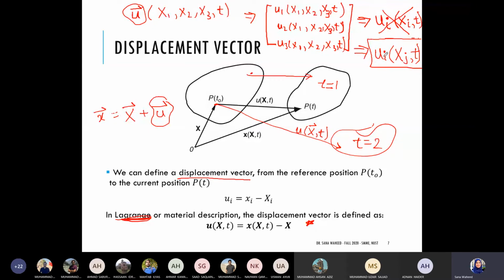This is just representing that i is also a vector and X is a different vector. That's all that I'm doing with this sort of a representation. Okay, let me repeat this. These parentheses are representing that this is a function. So by writing it as ui is a function of xj, all I'm saying is that u is a vector, because of its i, which depends on another vector and time.